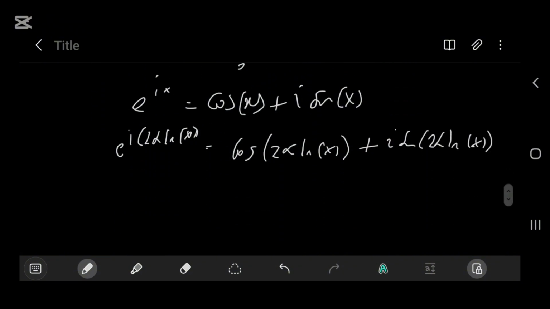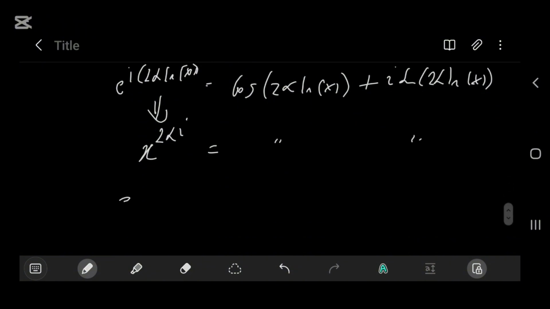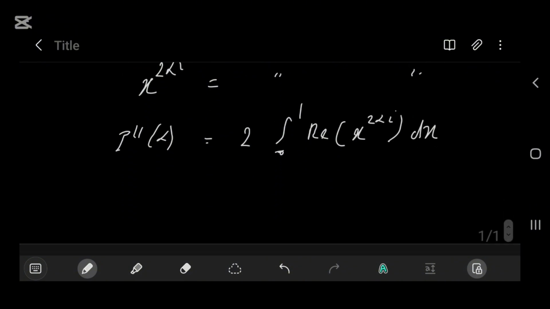By simplifying this part, we get x to the power 2 alpha i, which equals these parts. So what we need here is that I double prime of alpha is 2 times the integral from 0 to 1 of the real part of x to the power 2 alpha i dx.